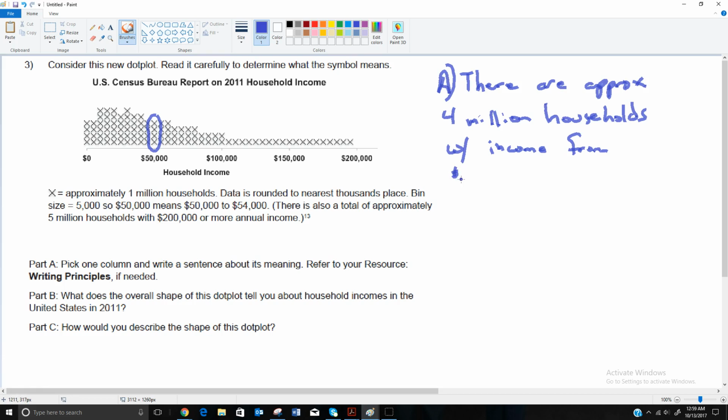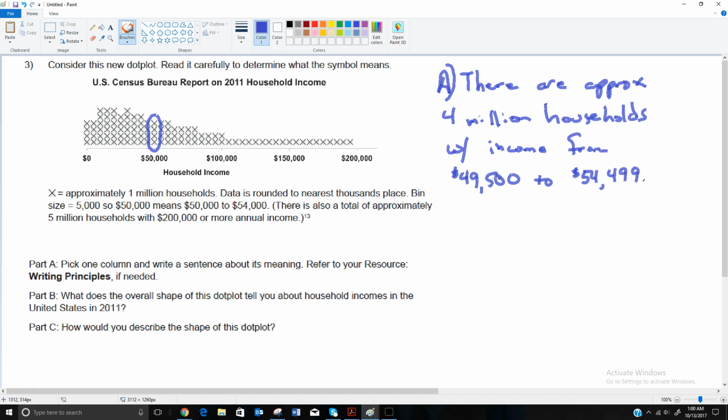So it would be 49,500 to 54,499. Hopefully that's what I said before when I said that.